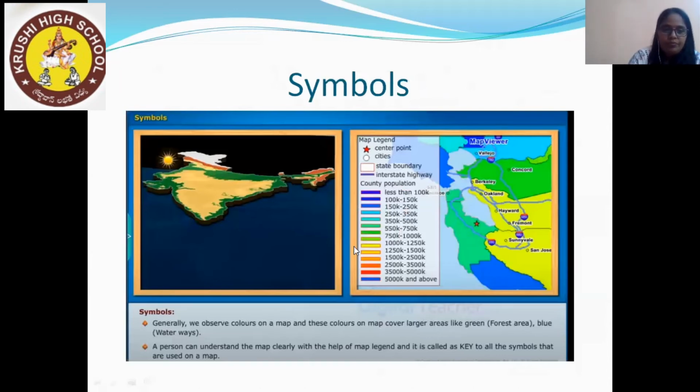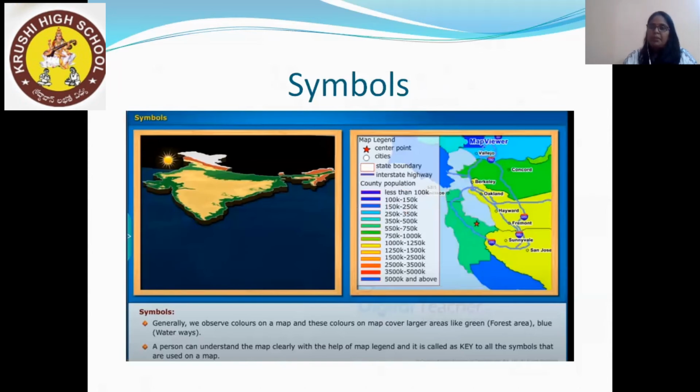So next, you can use the symbols. Here we generally use many types of symbols to denote the physical objects on a map, isn't it? For example, it's highly impossible to draw a picture of a temple or a church or a railway track on a map.